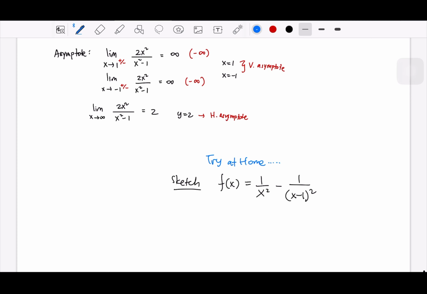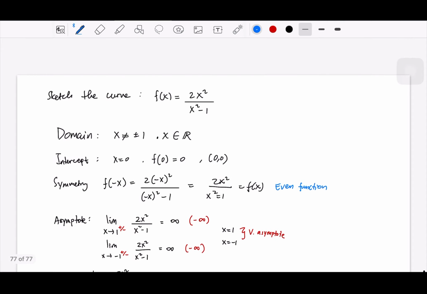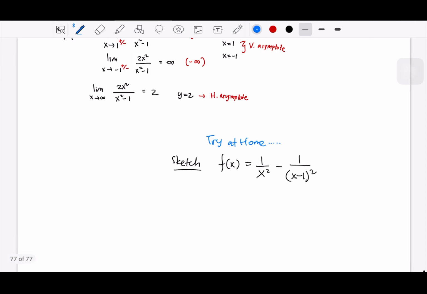We're going to continue. Okay, this part we are going to continue next week, and you could also try sketching this function. Maybe before you start, you could check what kind of graph you get from this.